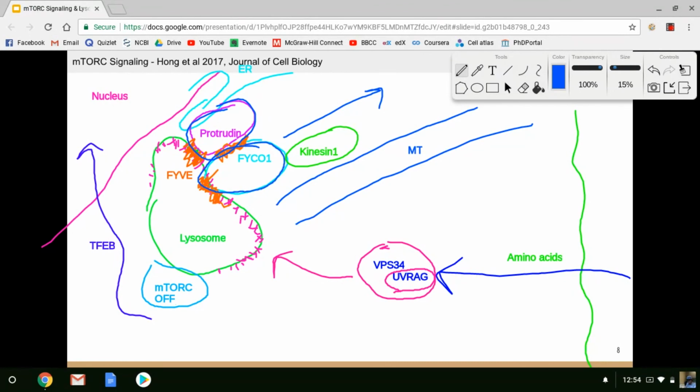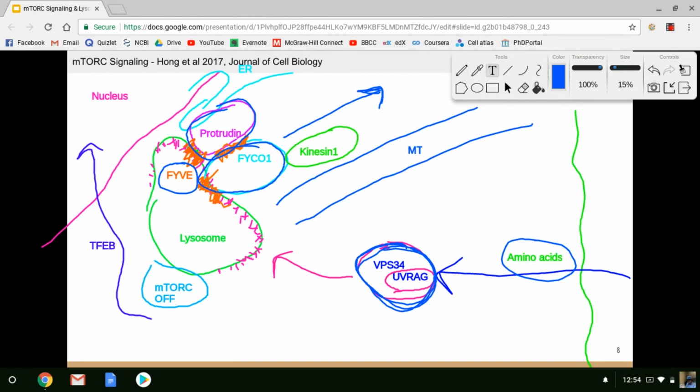And this entire process is due to VPS34. VPS34 is what places those membrane lipids that interact with the 5E domains and allows the anterograde movement. So really the amino acids are activating VPS34, which is responsible for this movement of the lysosomes back towards the cell periphery.